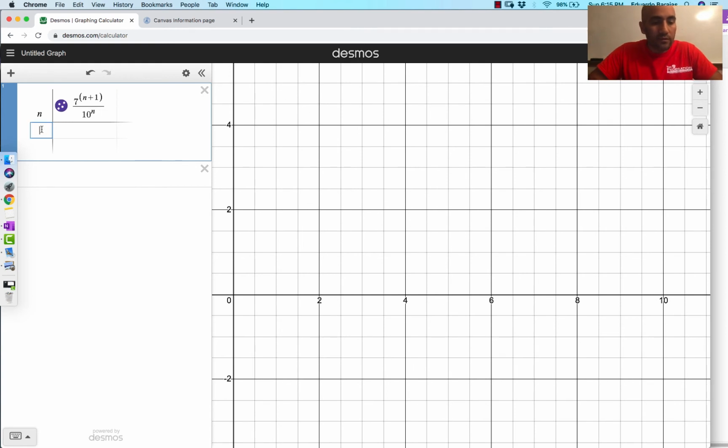So there's my formula. When n equals 1, we get 7 to the second power, that's 49, divided by 10 to the second power, that's 100. 49 divided by 100 is 4.9.